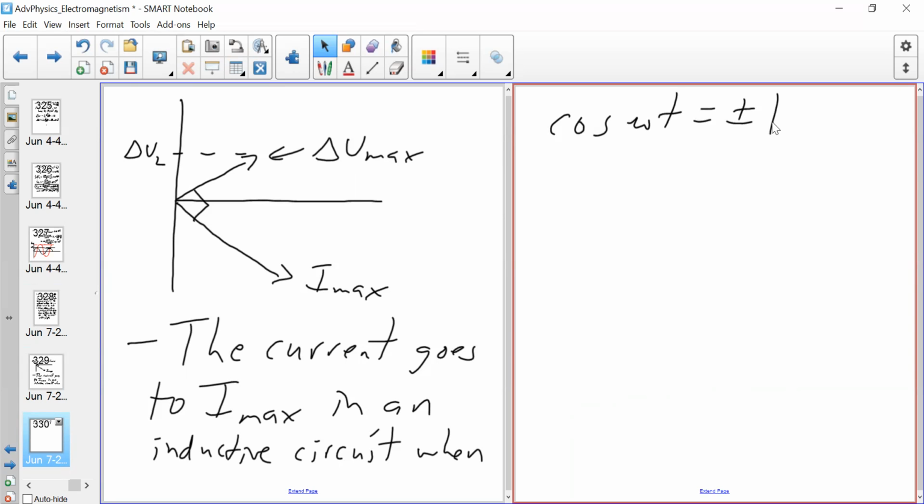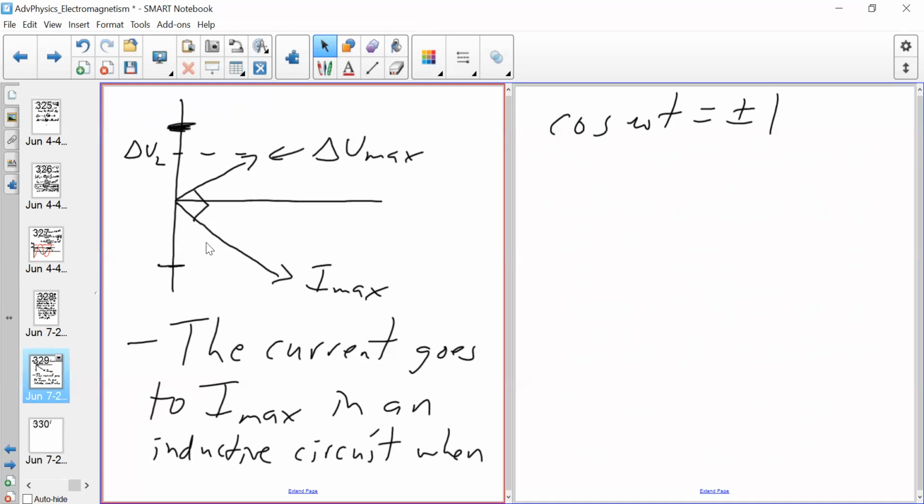And cosine omega t is 1 at 0, and goes to negative 1 at 180. So at maximum amplitude, let's say here, that would be 0, and then down here would be 180. So that's why you see the current maximum only at those points.